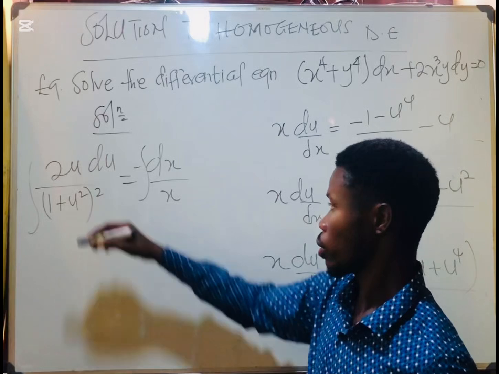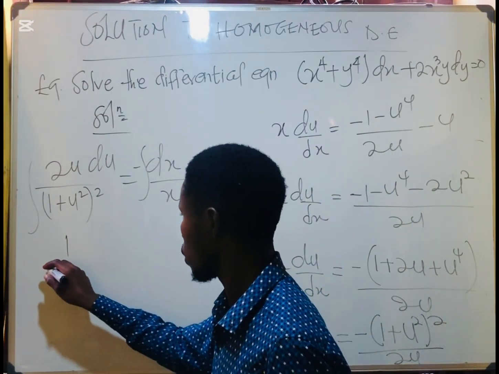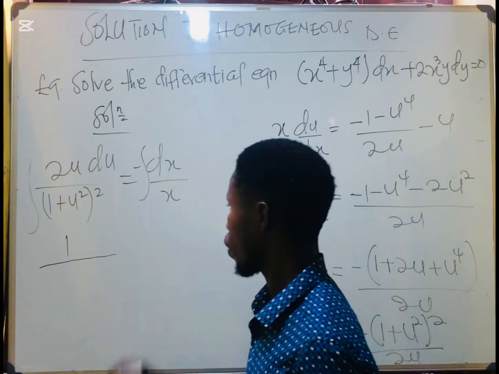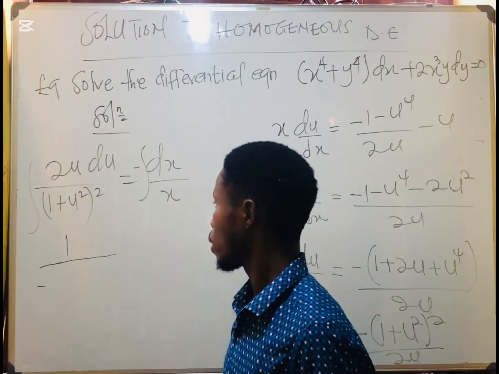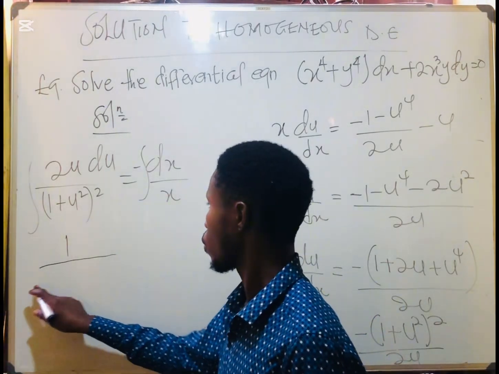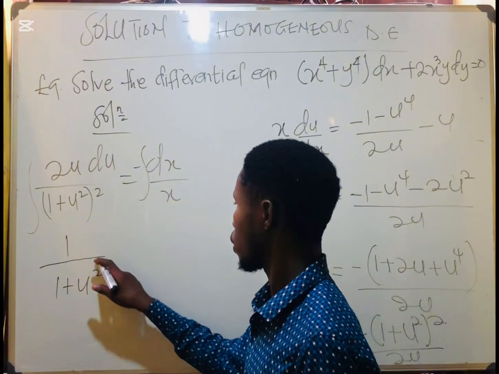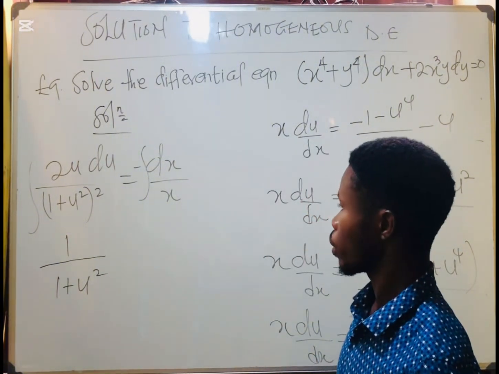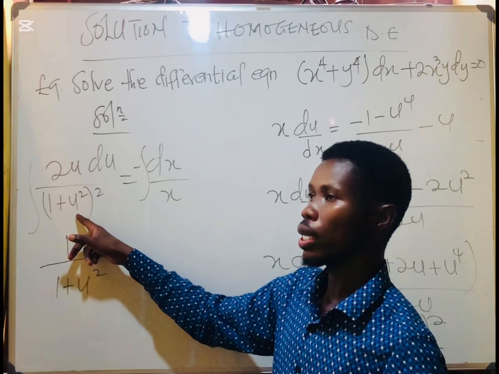So if I integrate this one, I'm going to have 1 over negative, okay, 1 over 1 plus u squared. I think that will be, because you represent here by something, let's say x.